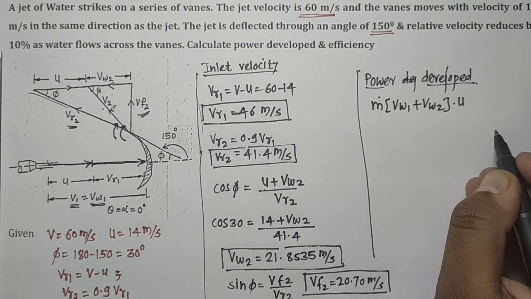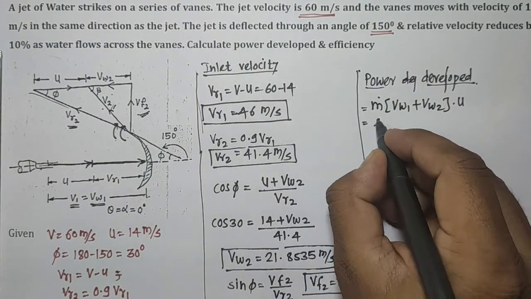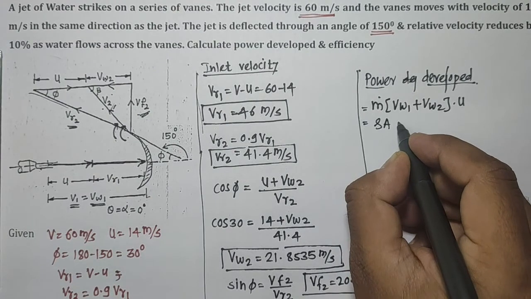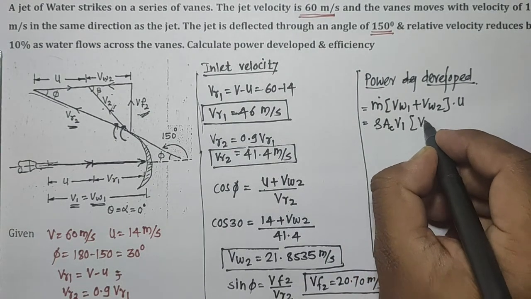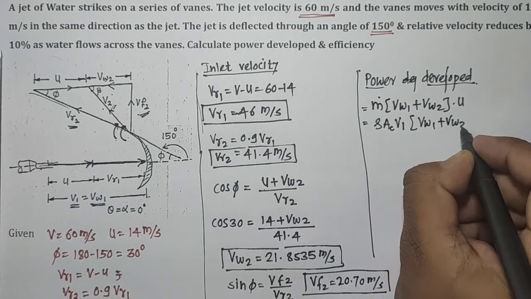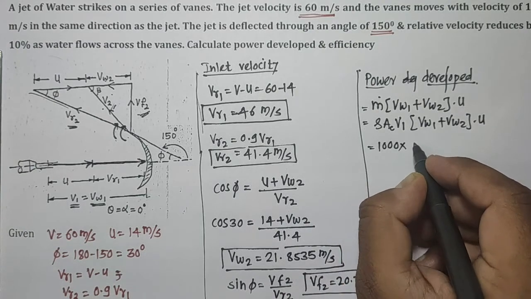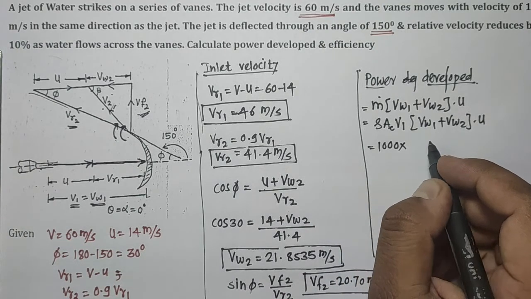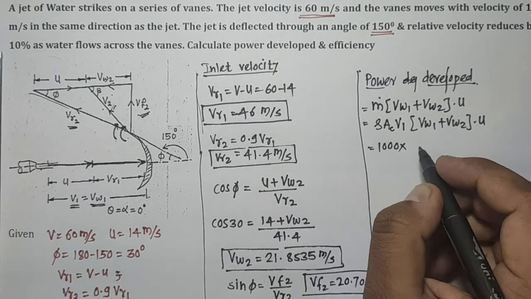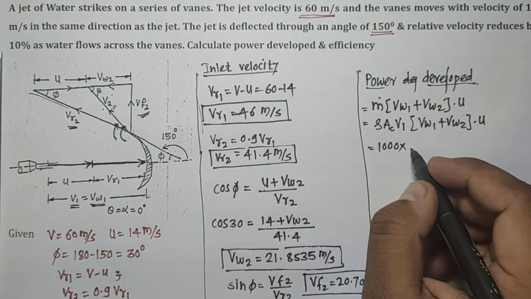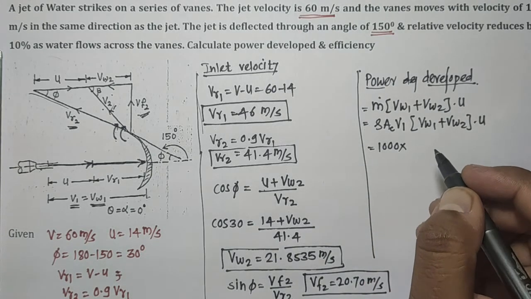So this is the formula for power developed, and it is given by rho a v1, where a is the cross sectional area, into (VW1 plus VW2) into u. So rho is 1000, into the cross sectional area of the jet, as that particular jet is having a kind of discharge. So for that sake we have to find it out.